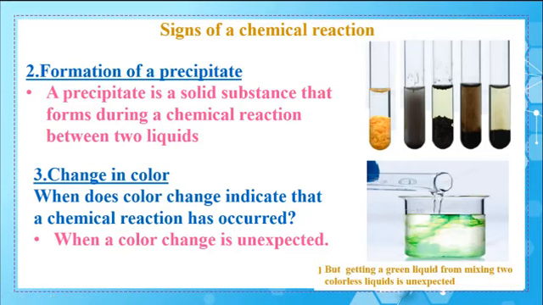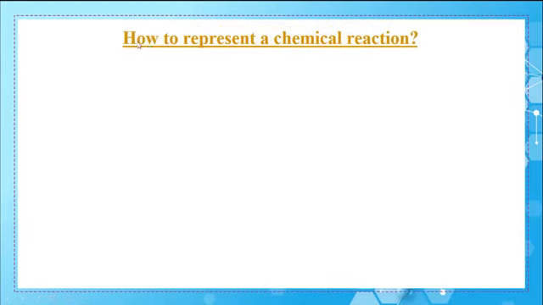But getting a green liquid from mixing two colorless liquids is unexpected. Now, this change in color indicates the occurrence of a chemical reaction. Do you see? Unexpected green color from two colorless liquids.